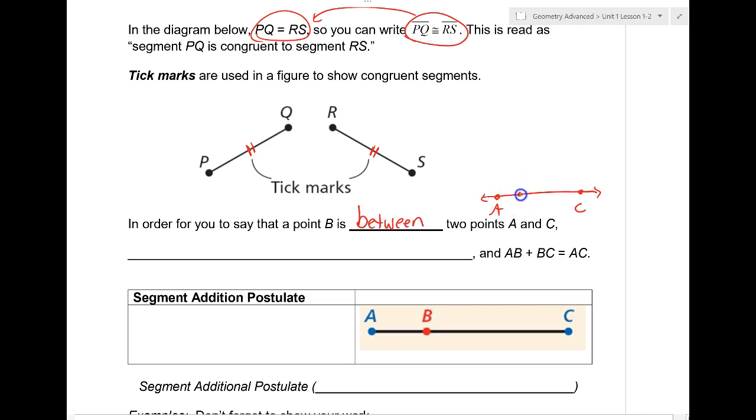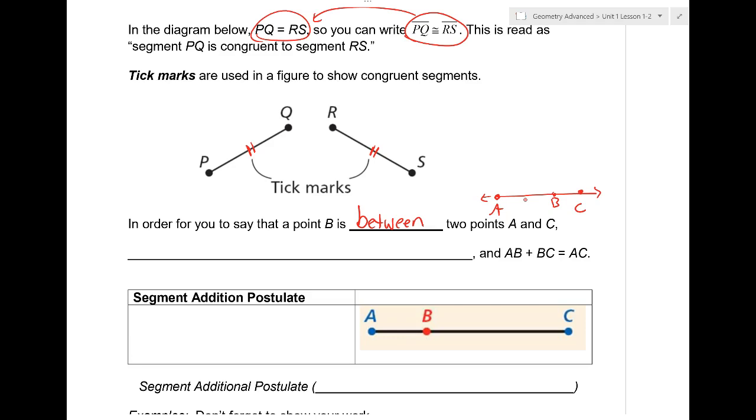No. It just has to be somewhere over here, or if I didn't like it there, could I put it over here? We just know it's somewhere. It's almost like a bead that slides on a stick, right? It's somewhere in there. But they have to be on the same what? They have to be on the same line.